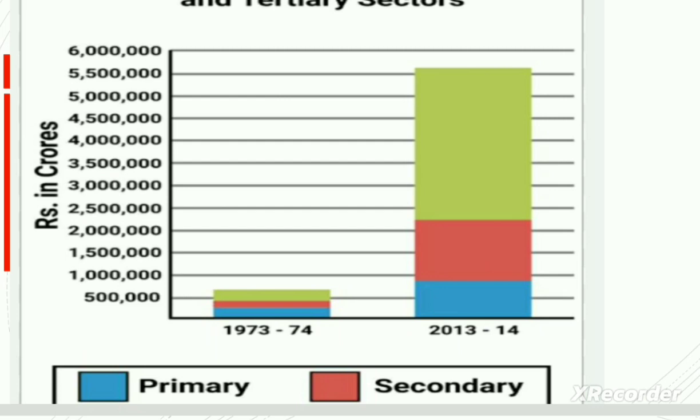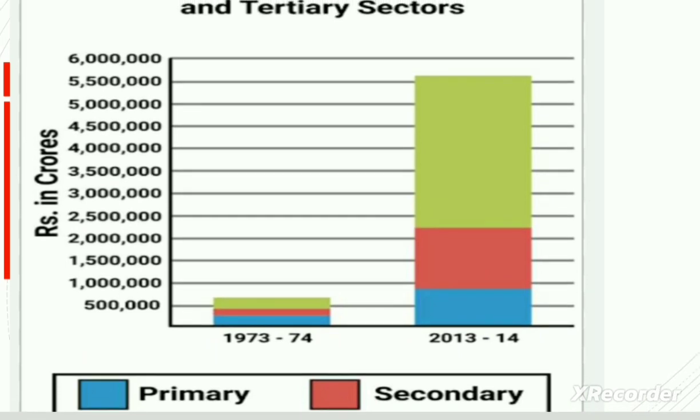During the year 1973-74, you can see, though 74% of the workforce was dependent on agriculture, the GDP share of agriculture or the primary sector is much lesser.